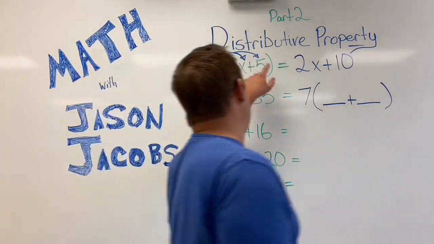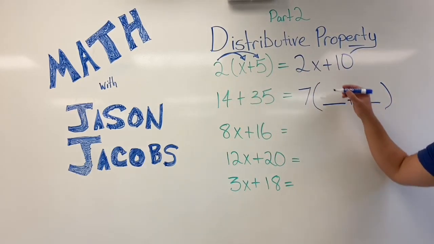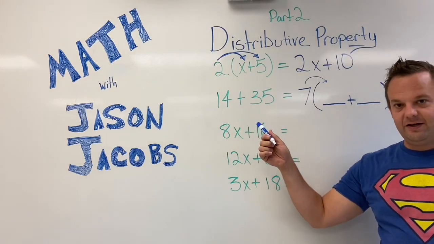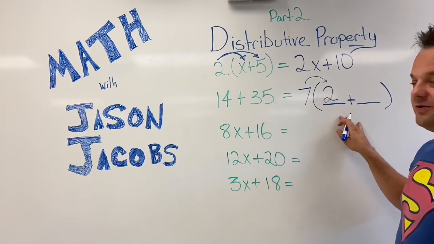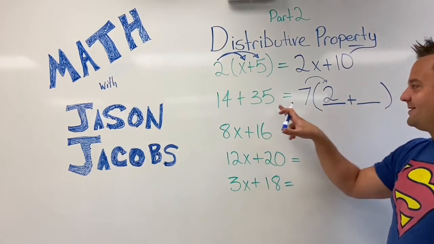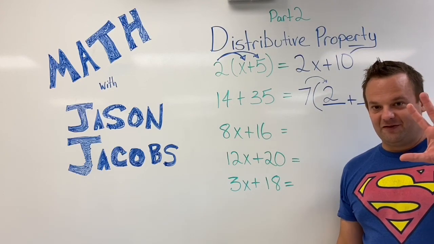So just like I did here, we're going from this point to this point. 7 times what is 14? If you said 2, you're correct. 2 goes here, good job. Now 7 times what is 35? If you said 5, you got it.